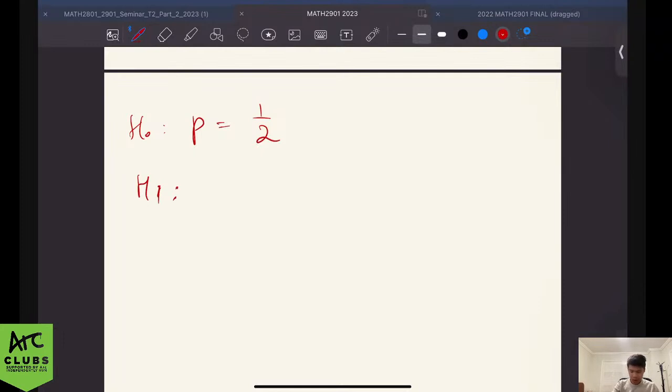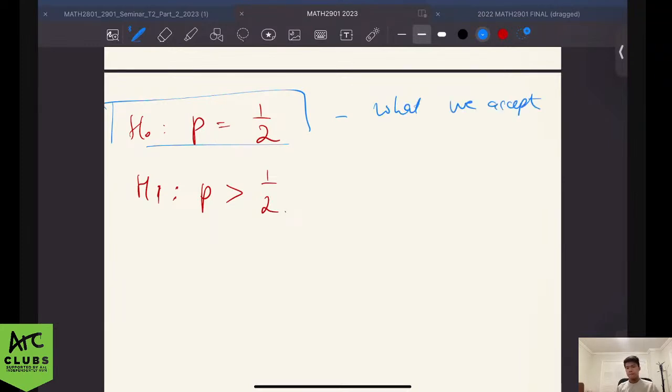So you'd say, alternatively, p could be greater than a half. This is our null, what we accept already, and the other one is what we're trying to test out. Remember, H0 is the null, and H1 is the alternative hypothesis.